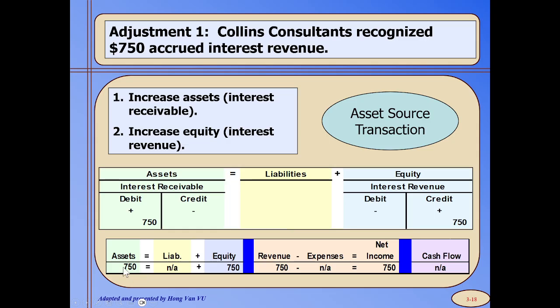For the balance sheet, we increase assets by 750, and we increase the equity, meaning interest revenue, by 750. For the income statement, now we have revenue of 750. We don't have expenses, so we have a net income of 750, and this is a non-cash transaction, so not applicable for cash flow.